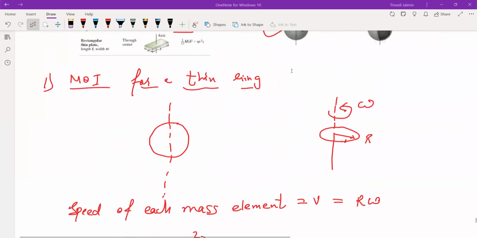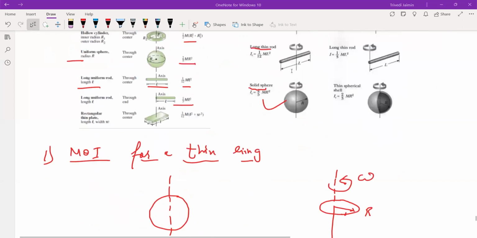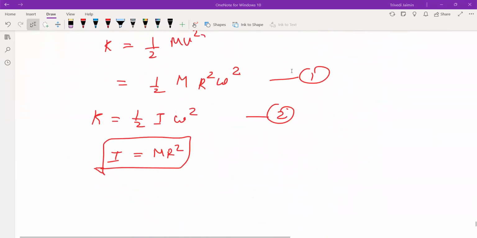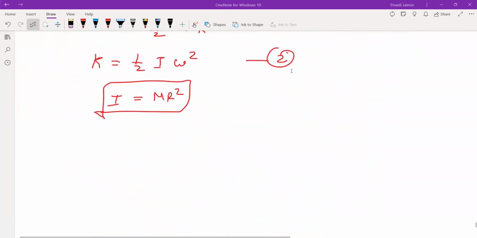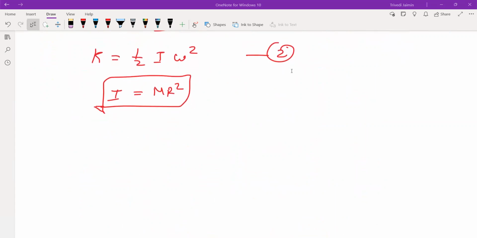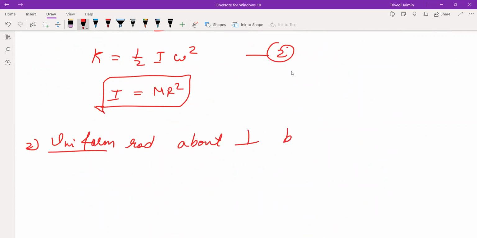Then let's do the second one, uniform rod. We are doing the perpendicular bisector.